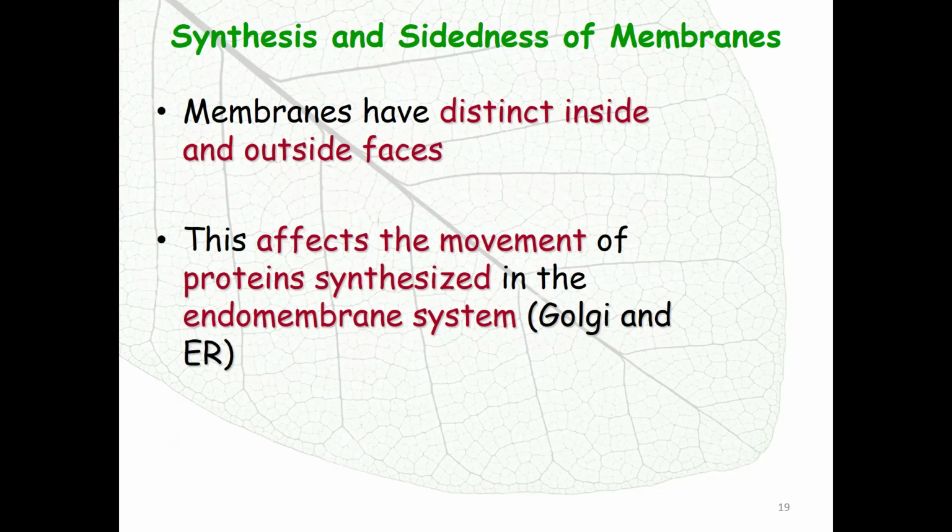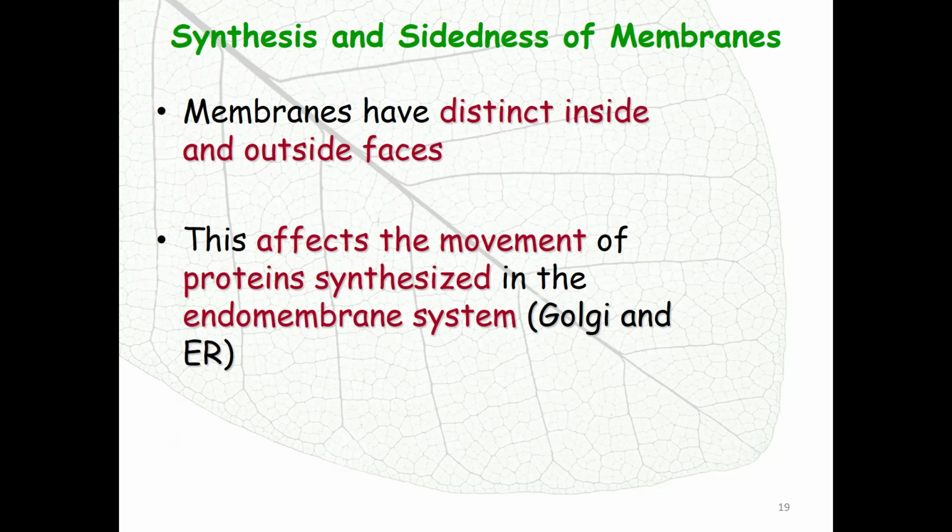Here I have shown they almost look alike, but there are some distinct structural variations, and this affects the movement of proteins synthesized in the endoplasmic reticulum and Golgi, where you know proteins are packaged.